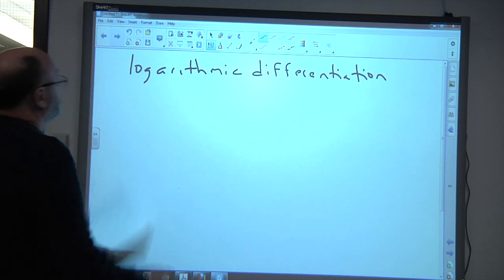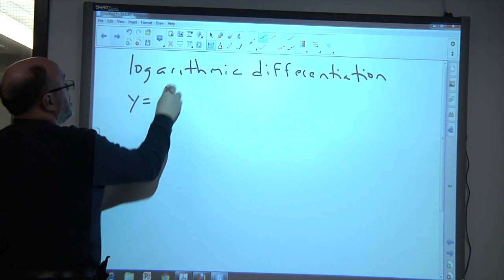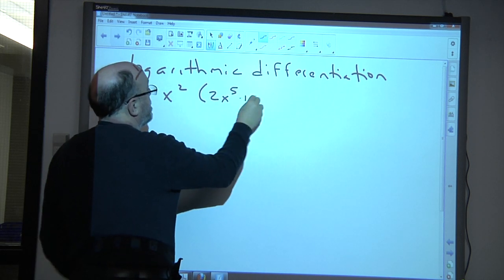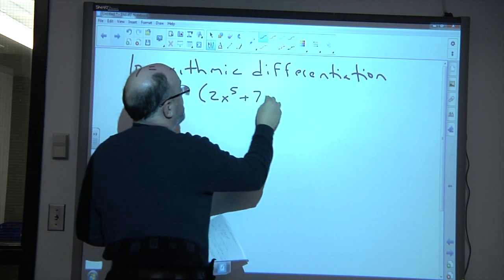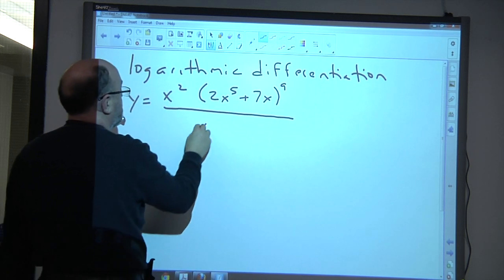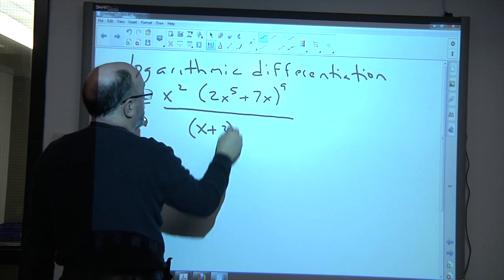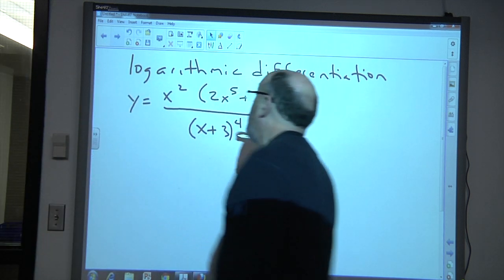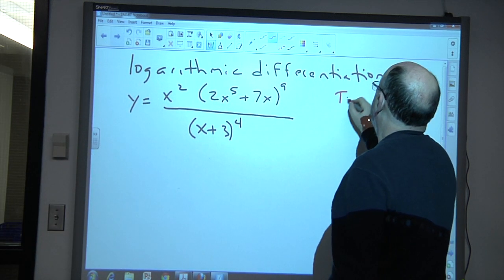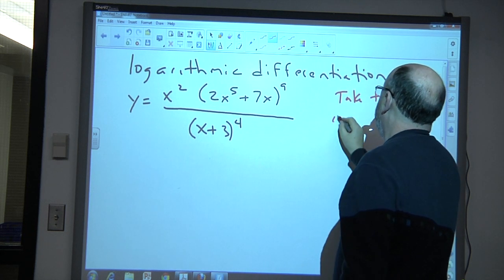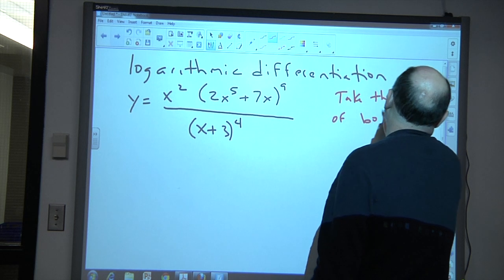So now we have something that looks like this: y equals x squared, 2x to the 5th plus 7x raised to the 9th over x plus 3 to the 4th power. And so in terms of this process, the first step is to take the natural log of both sides.